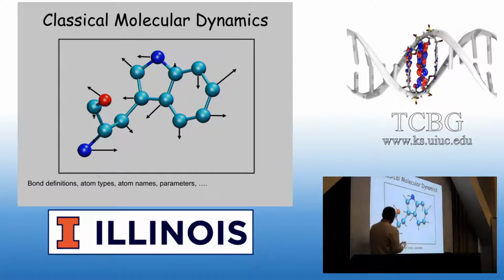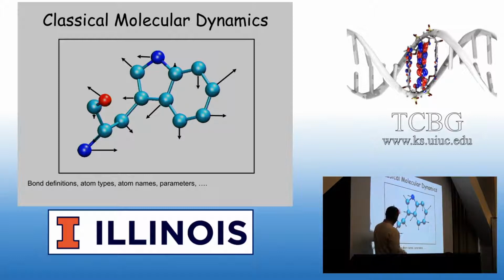So we have to define what kind of atom we have here. It's called the atom type. And then what is it connected to? Atom 1 is connected to atom 2. Atom 1 is a nitrogen with sp3 hybridization. Atom 2 is a carbon with sp2, oxygen, hydrogen. Everything has to be defined.